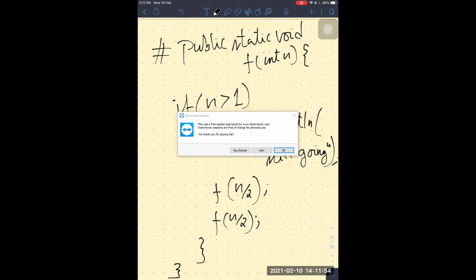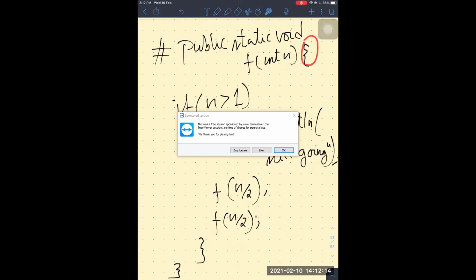Okay, so is this code clear? Could you read it again? Okay, so it is saying that public static void f of integer n.